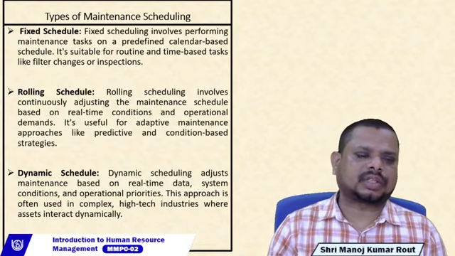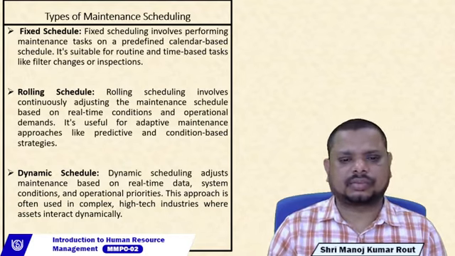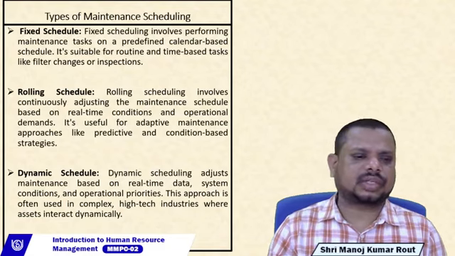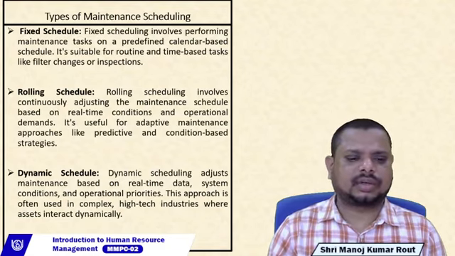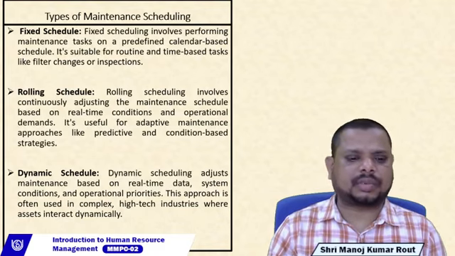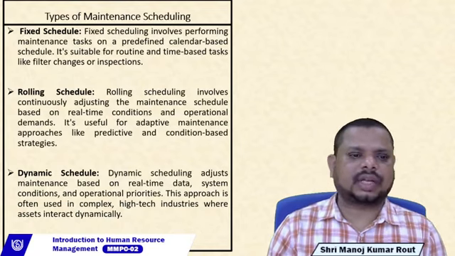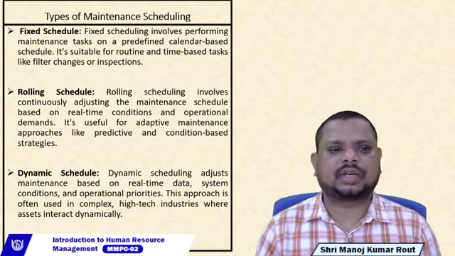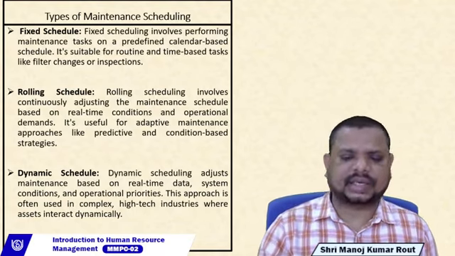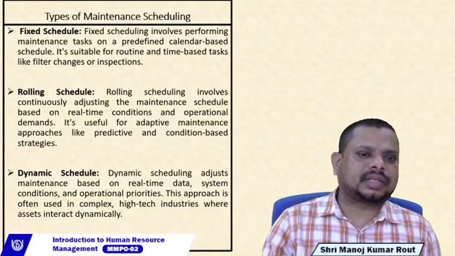Most companies, especially with reference to Industry 4.0 or Industry 5.0, widely apply dynamic schedules, particularly those with highly automated machines, large amounts of complex spare parts, and direct interaction of machines. They can use dynamic schedules to perform maintenance activities or tasks. So these are the classifications of your maintenance schedules.